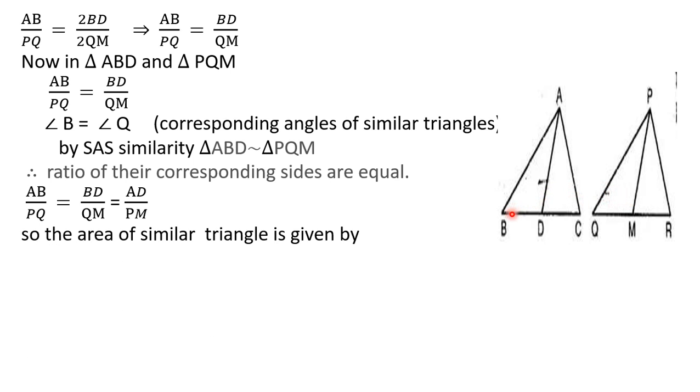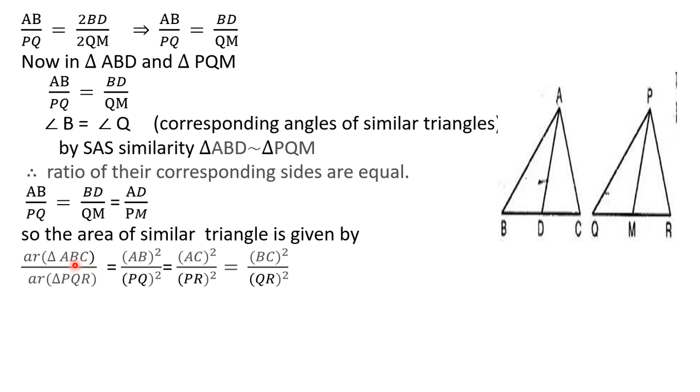Now the area of triangle ABC upon area of triangle PQR is equal to AB square upon PQ square, AC square upon PR square, and BC square upon QR square. As AB upon PQ, we proved, is equal to BD upon QM and also equal to AD upon PM, so in place of AB upon PQ, we can write AD upon PM.